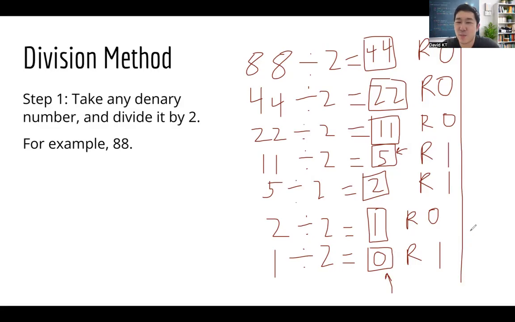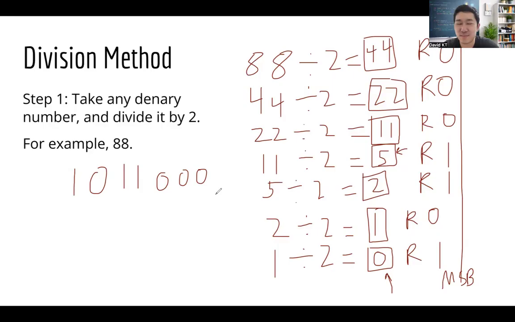Many students get it in the opposite order. So this is actually the MSB, and this is the LSB. If that's the case, what is 88 in binary? It is 1, 0, 1, 1, 0, 0, 0.